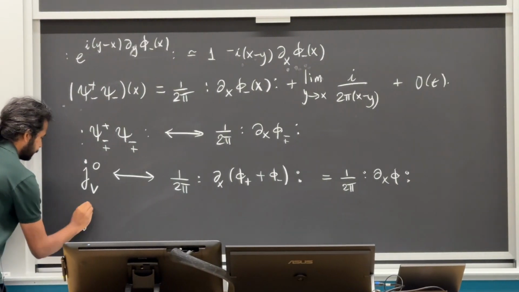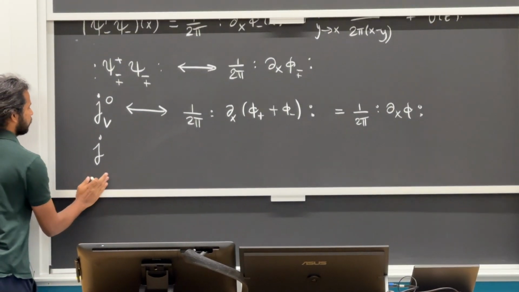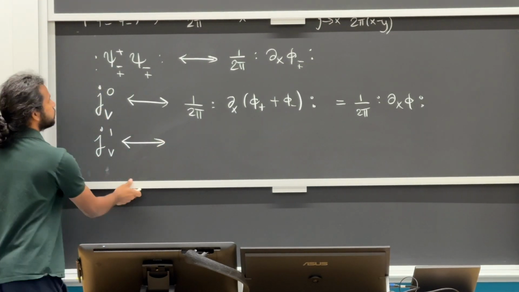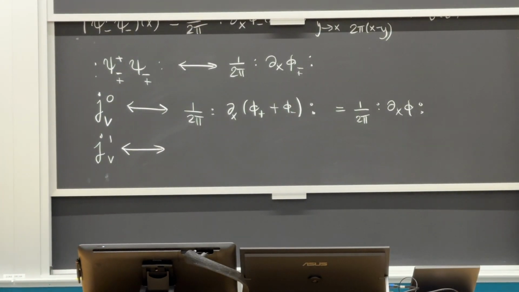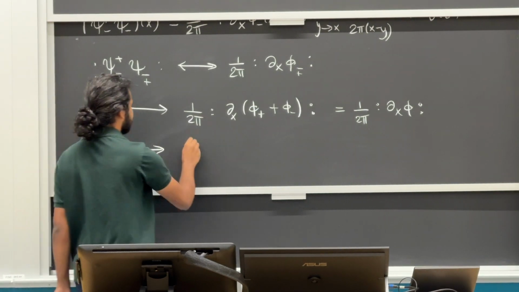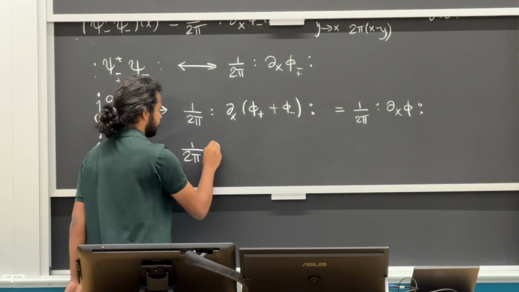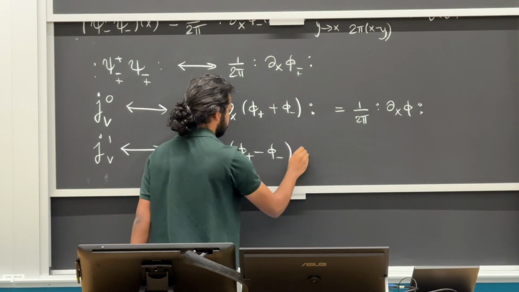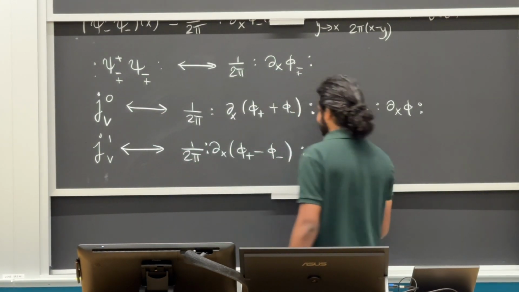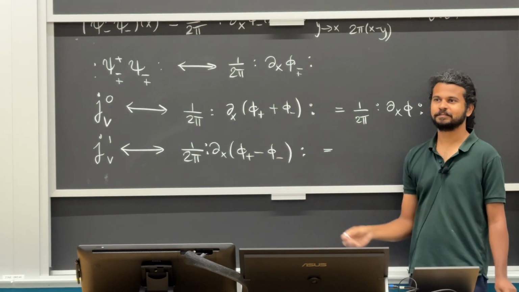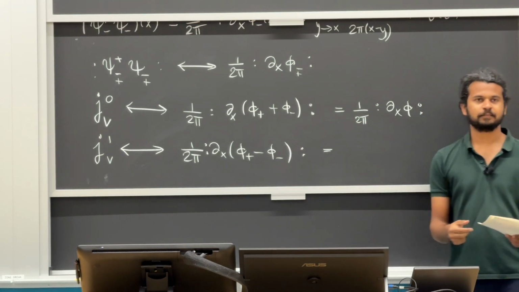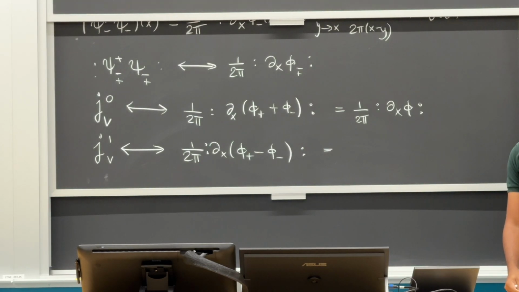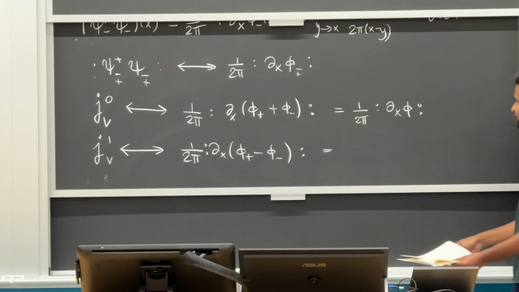Now, J1 is from there, plus minus minus. So it's 2 pi dx normal ordered, plus minus phi minus. Does anyone remember what this was from last week? I'm just going to state it.